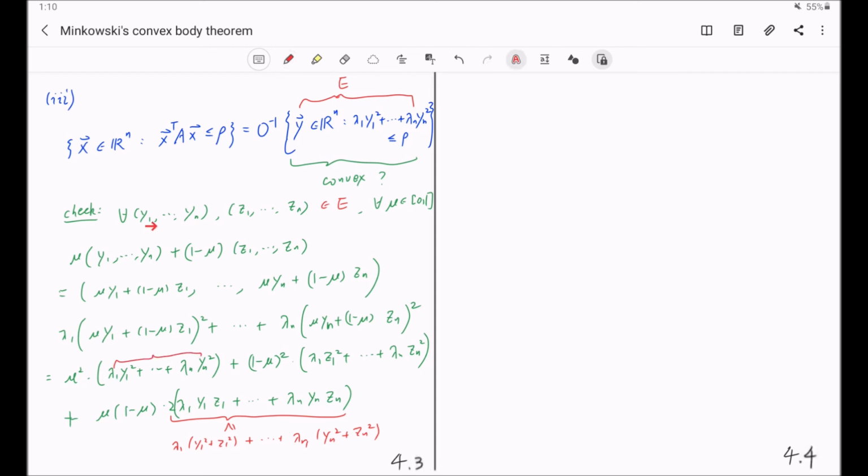By our assumption that those two vectors are in E, this part is less than or equal to rho, and this part is also less than or equal to rho. How about this part? This part is less than or equal to 2 times rho.